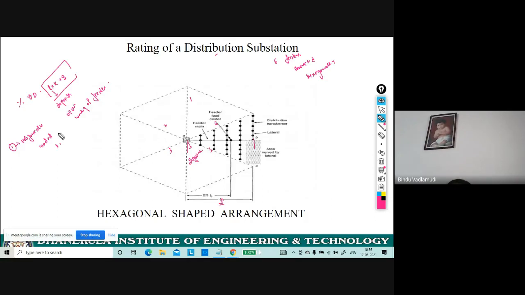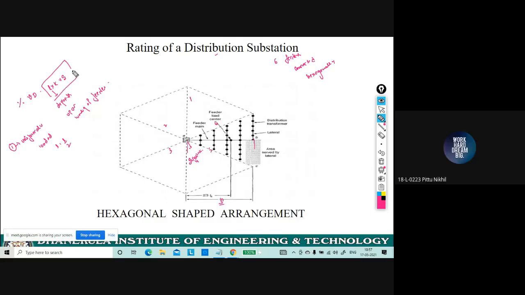Is it L by 2 or not? L is equal to L by 2. Please turn your pages. Did all of you copy those values or not?